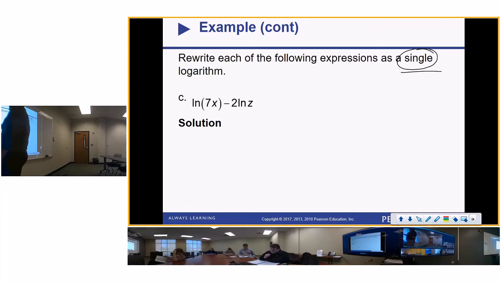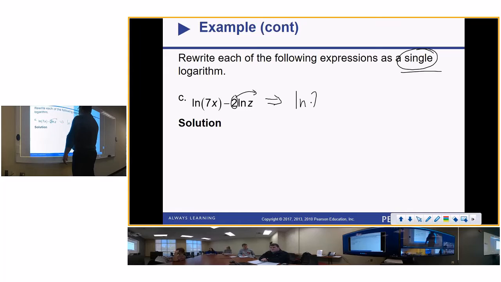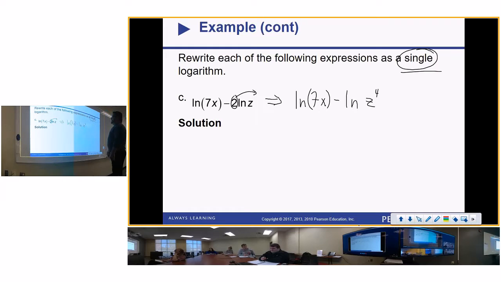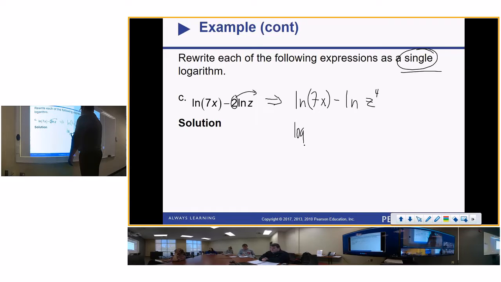You want to take this 2 and pull it up here, and that's going to give us natural log of 7x minus natural log of z to the 4th. Now, if you wanted to turn this into log, you could. Log base e of 7x minus log base e of z to the fourth.